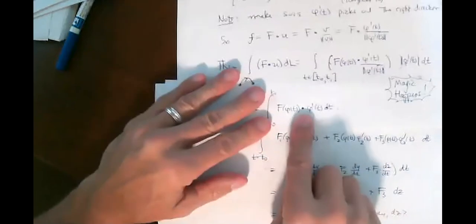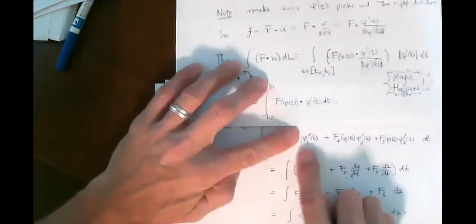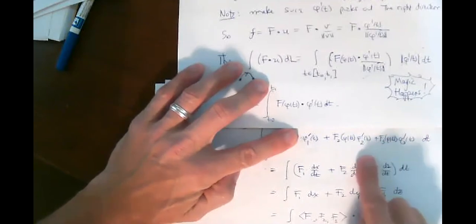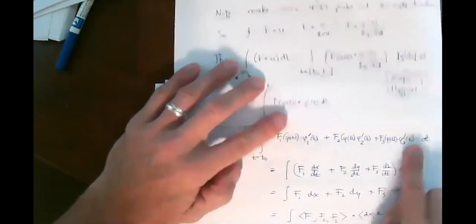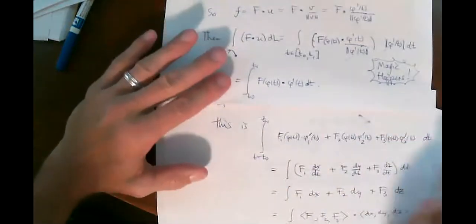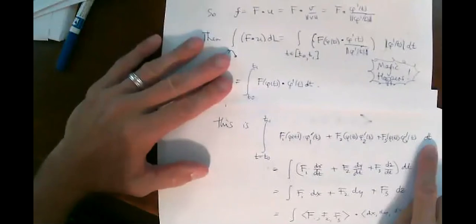And then you need to take the dot product with your velocity vector, which is the derivative of the first component, comma, the derivative of the second component, comma, the derivative of the third component. And I've just written out the dot product for you. It's the product of the two first components, second, third, and you add them up. So this is literally what you're going to be integrating.